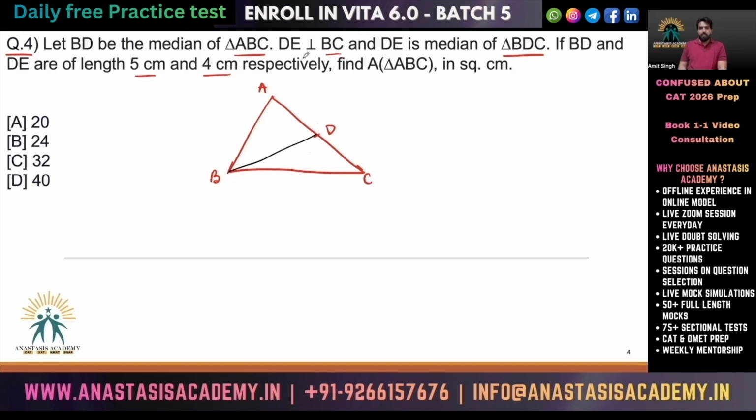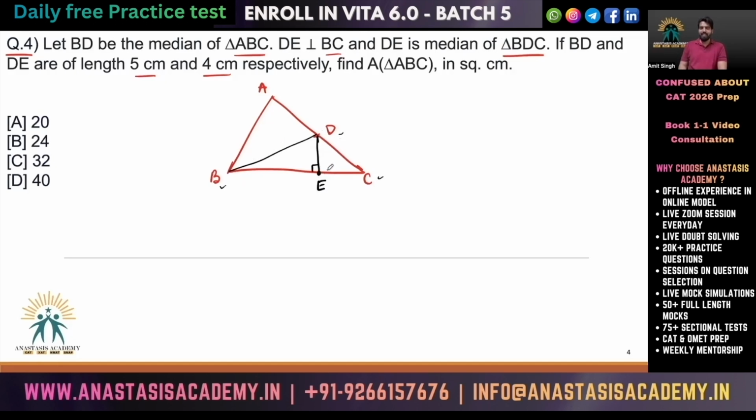Then I need to draw DE that is perpendicular to BC, correct? So I need to drop a perpendicular from this point, and that is perpendicular to BC. So this is DE. Now DE is the median of BDC. For this triangle BDC, DE is the median, so you can assume that E is the midpoint.